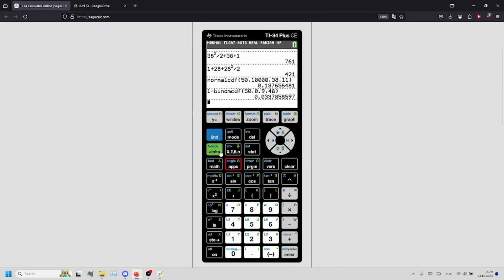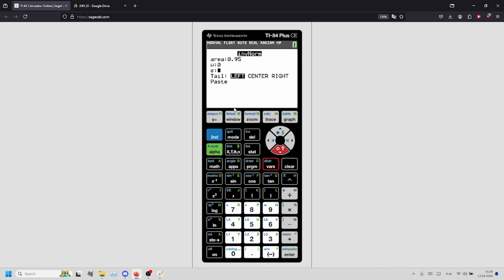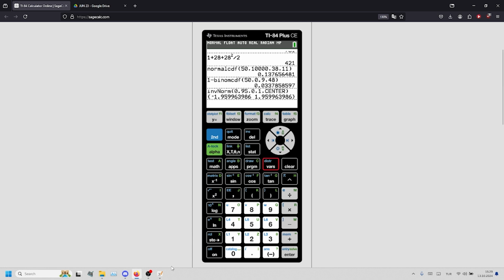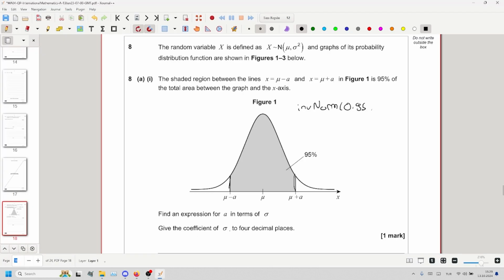We have to choose the inverse norm, this function right here, with area 0.95, mu 0 and sigma 1, and here it's going to be center tailed. So let's quickly find that, and as you can see, it gives us the two values for this. So our A value here is going to be 1.9599363, whatever.